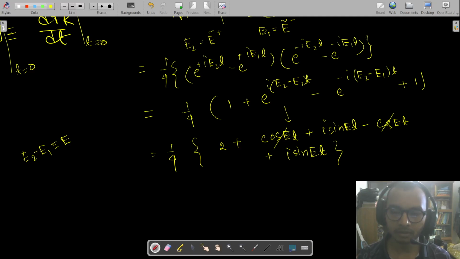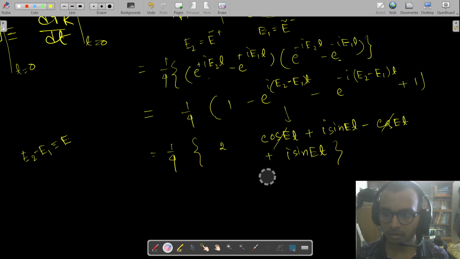Yeah, now I see. What's wrong is that when you multiply this thing with this, you get a minus sign. So you have minus here and minus here. This thing goes away, not the cos part.